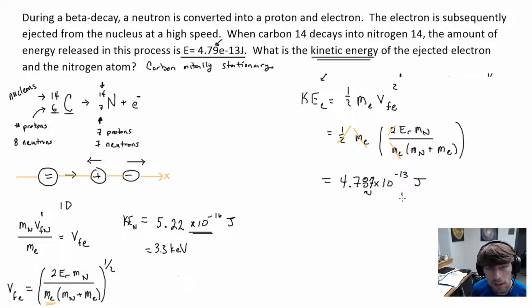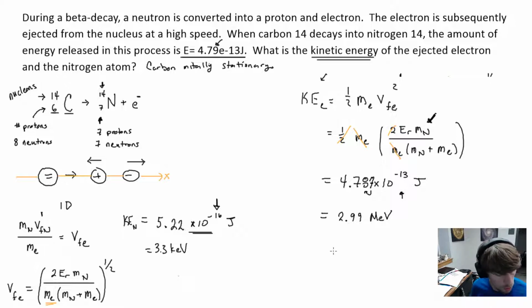Okay, you notice that this is 3 orders of magnitude larger than the kinetic energy of the nitrogen. So this thing is hauling. This thing gets all of the energy. And again, it's because of the mass of the nitrogen being in the numerator. Of course, if you want to convert this into electron volts, I have 2.99 mega electron volts.